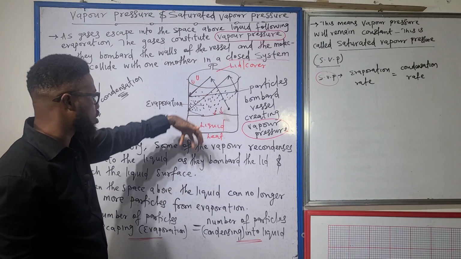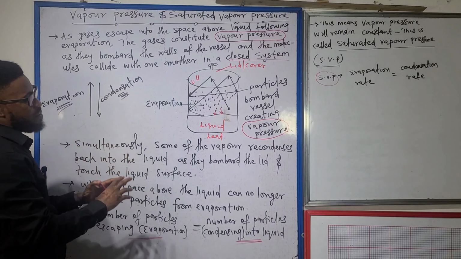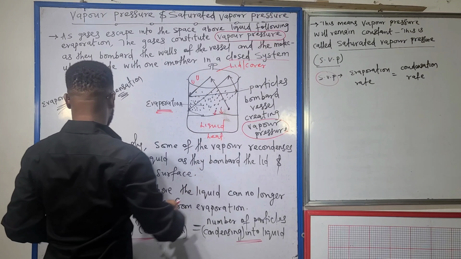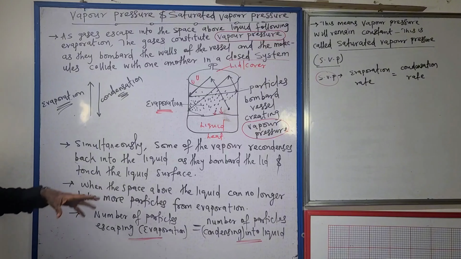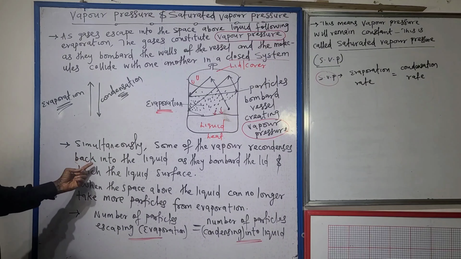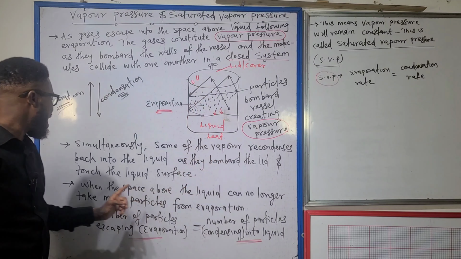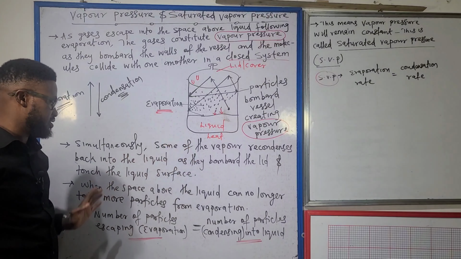In this case, we say they recondense. So two things are happening here: evaporation, and secondly, condensation. It says simultaneously some of the vapor recondenses back into the liquid as they bombard the lid and touch the liquid surface.